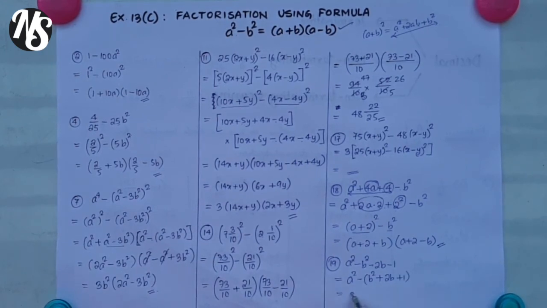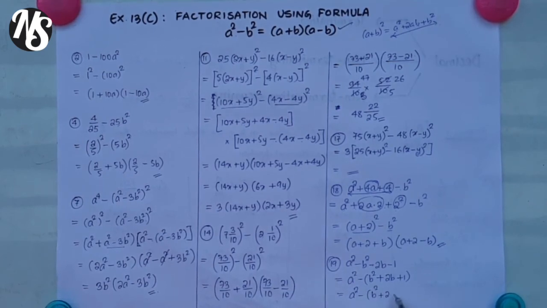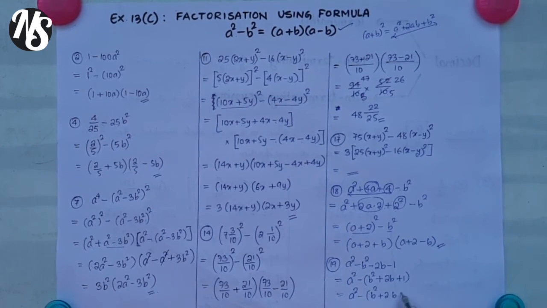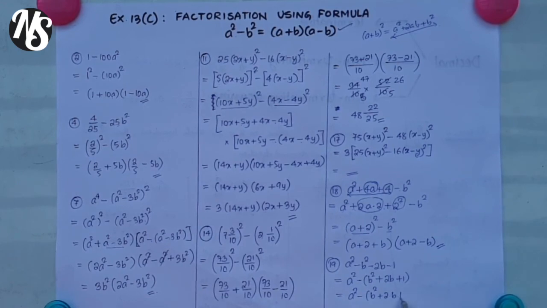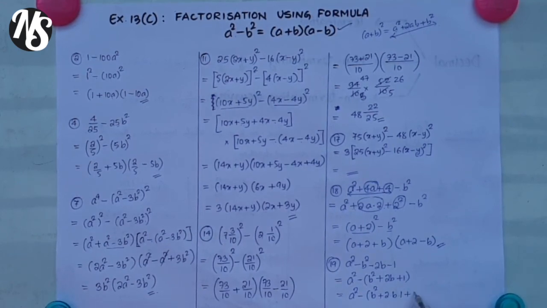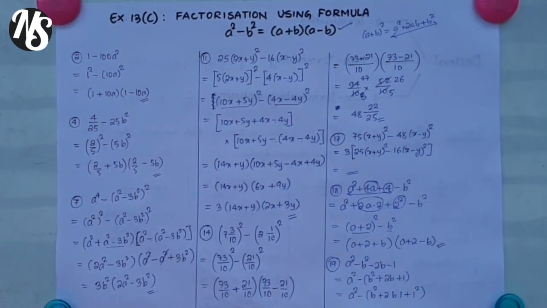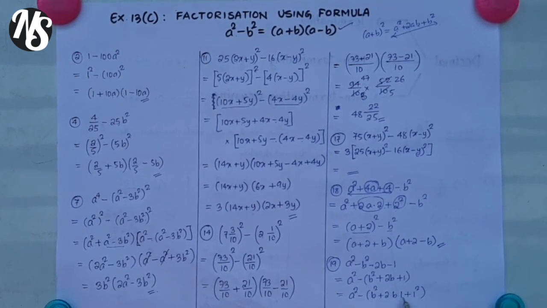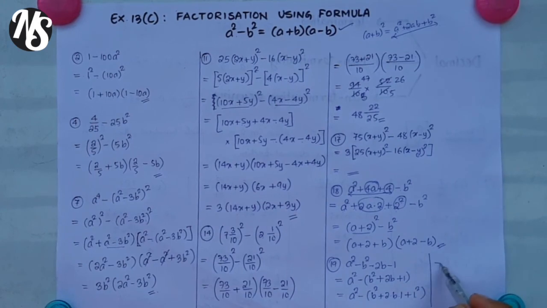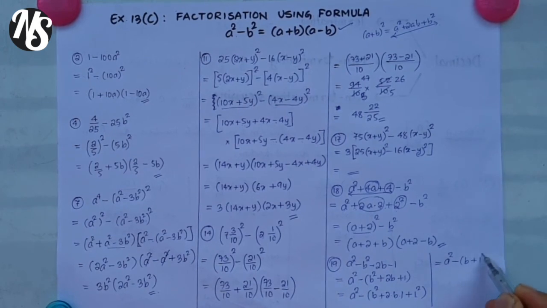Now this is your a square plus 2, a is this much, and b is to be chosen as 1, because 2 into b into 1 gives me 2b. So the value of b is 1, plus this 1 can be written as 1 square. Now look at this. If you treat b as a and 1 as b, this becomes a square plus 2ab plus b square, which can be written as (a plus b) whole square.